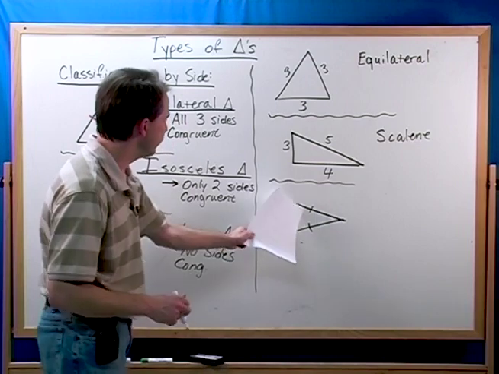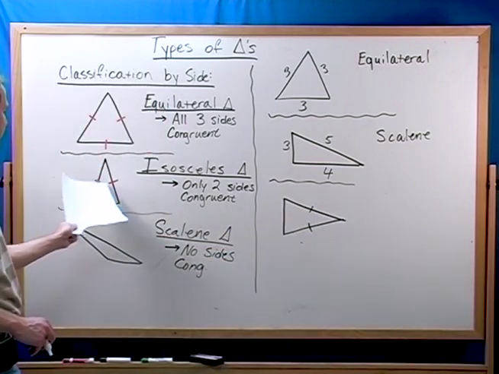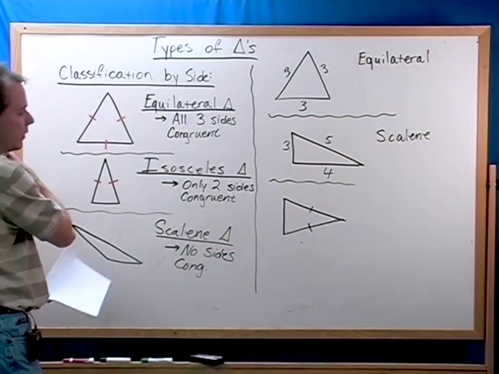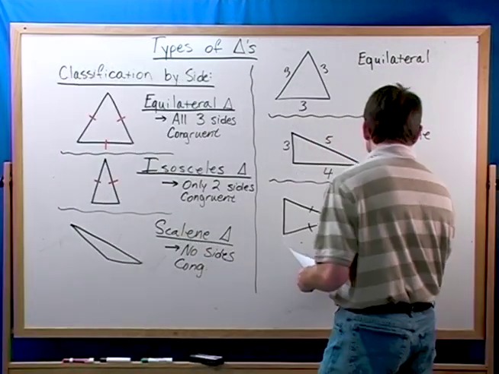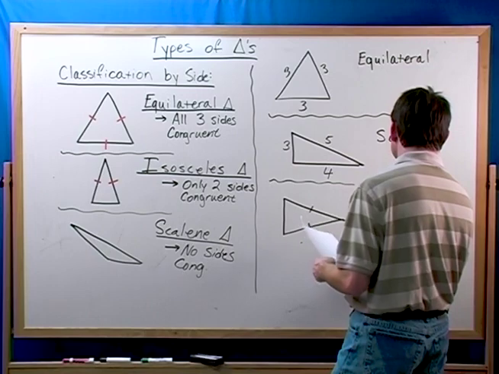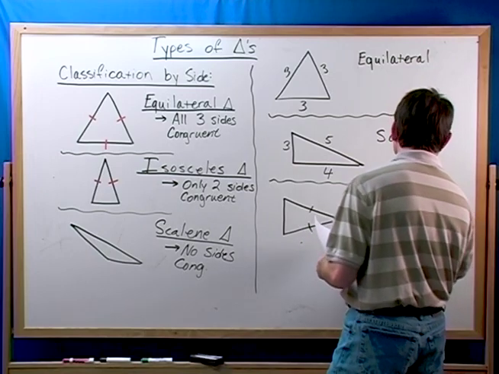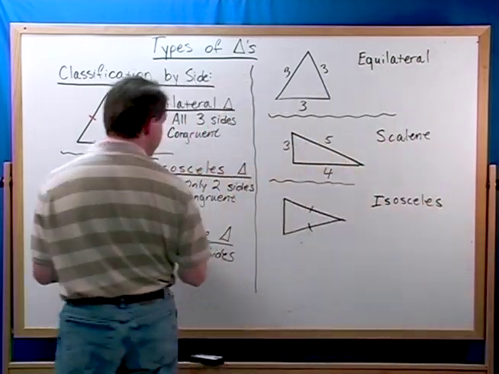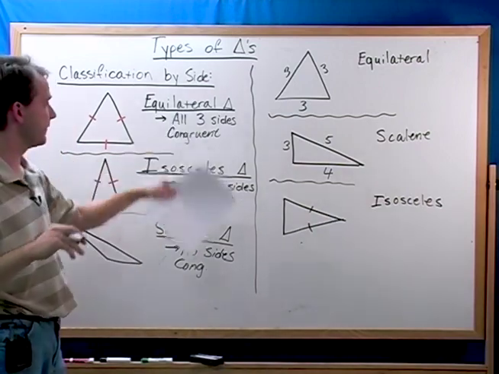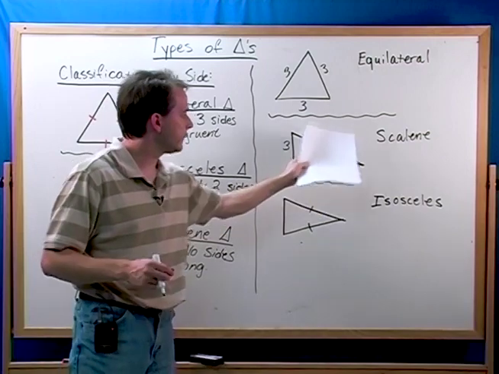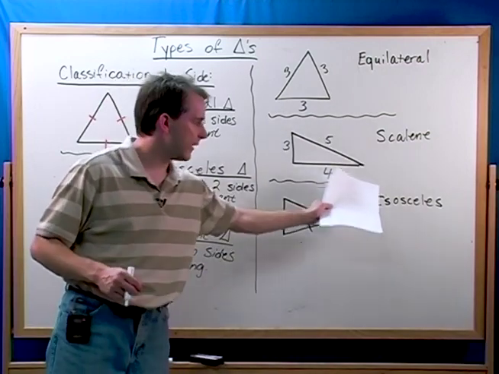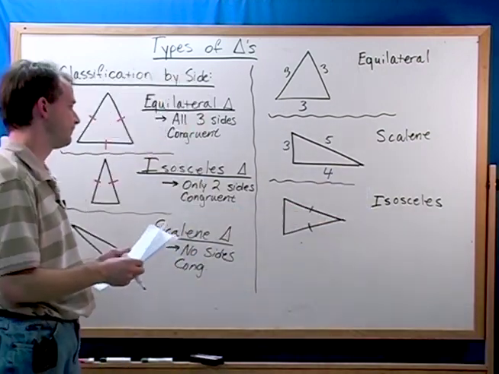So two sides being equal, or congruent, which is really the proper term, matches up with this definition here. So that's an isosceles triangle. I'm not going to do any more problems of this type because I think you get the hang of it. Equal sides, equilateral; all different sides, scalene; two sides the same, isosceles triangle.